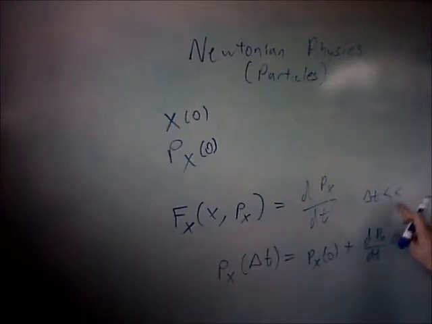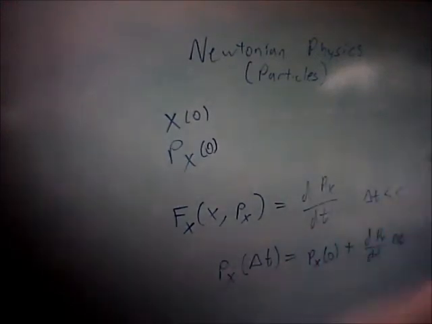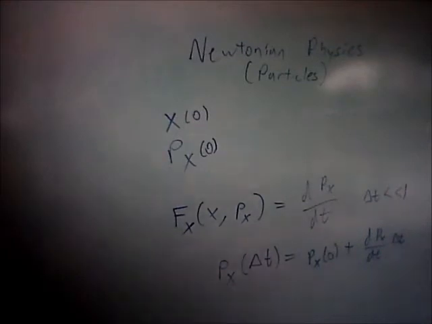If you use two less-than symbols, it's a symbol for much, much less. So delta t is much, much less than 1. Very, very small quantity. So, for values close to 0, this law of updating works.